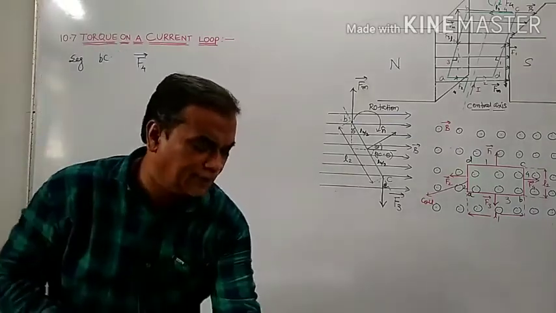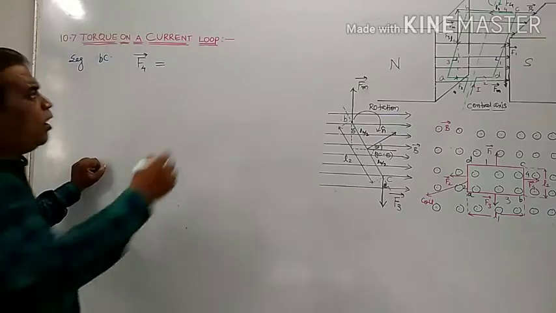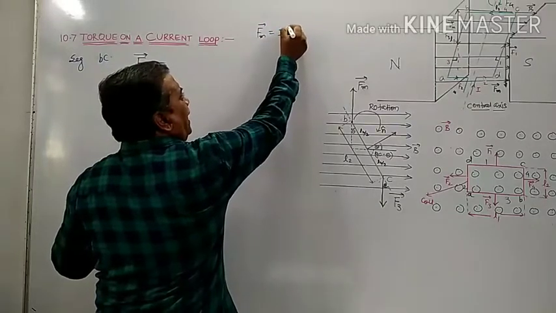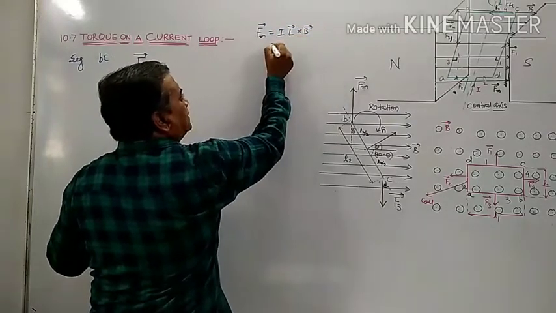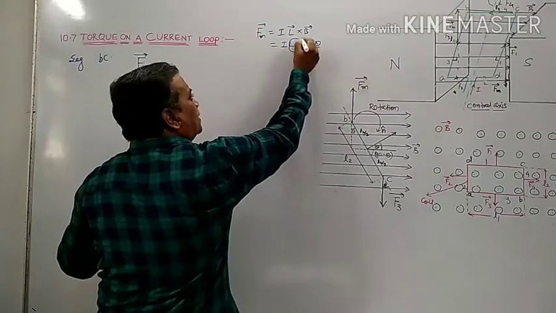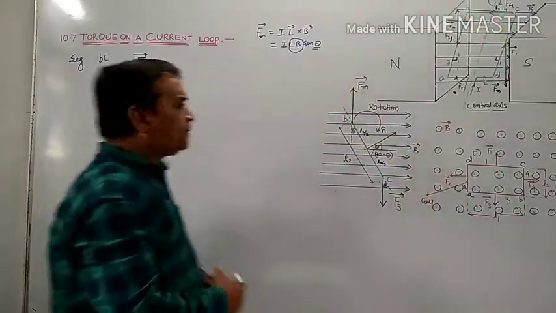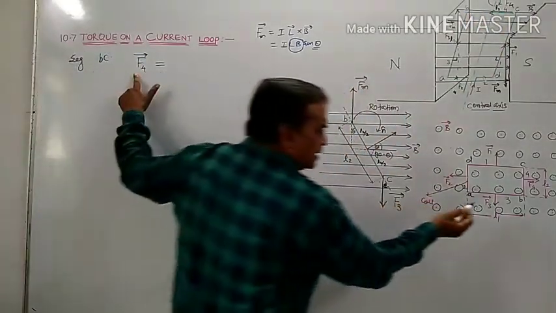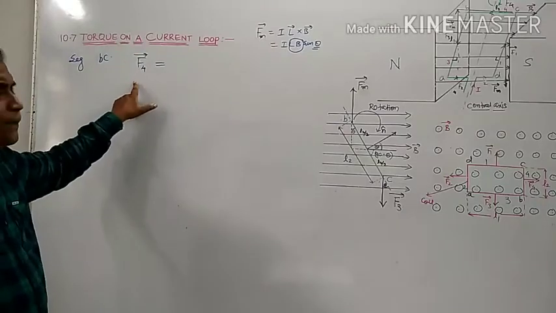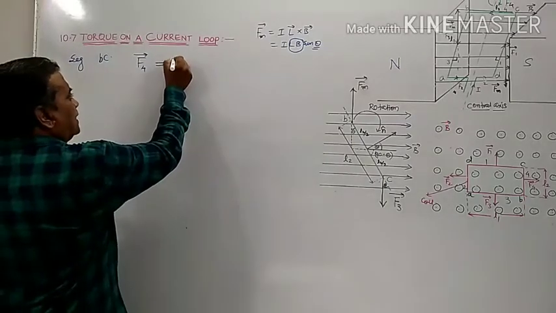By definition, the magnetic force acting on any conductor carrying current is always given by the formula I into vector L cross vector B, which is equal to ILB sine theta, where theta is the angle between L and B. So the magnetic force acting on segment BC is F4.